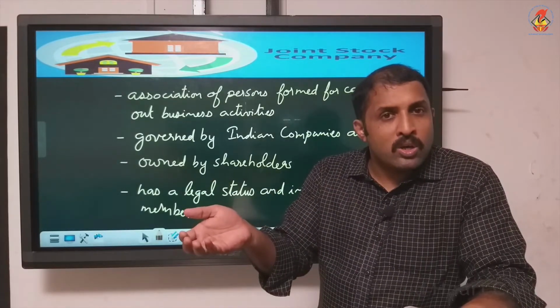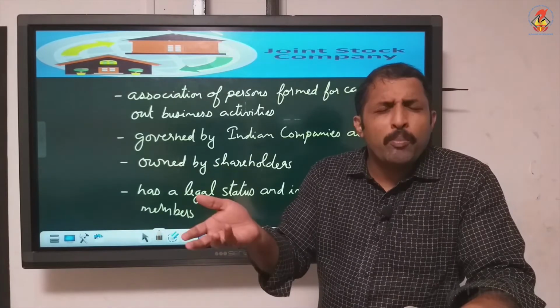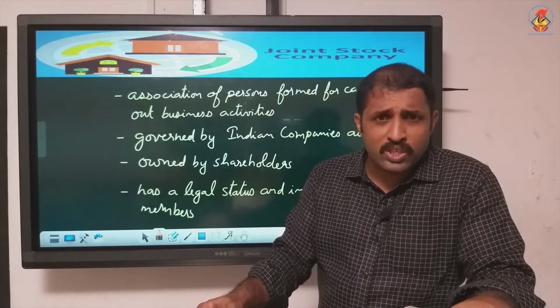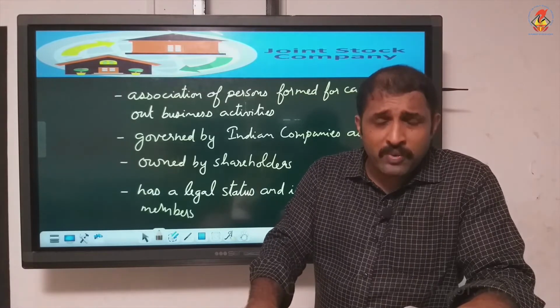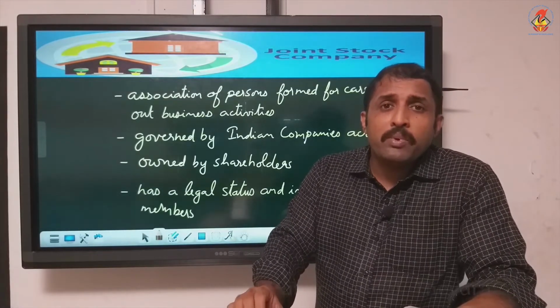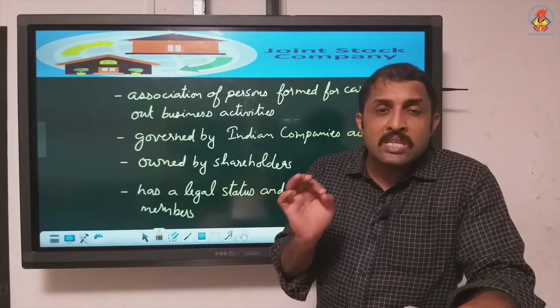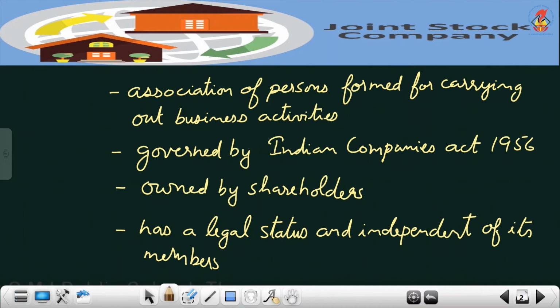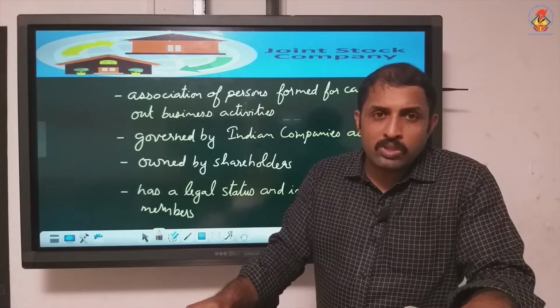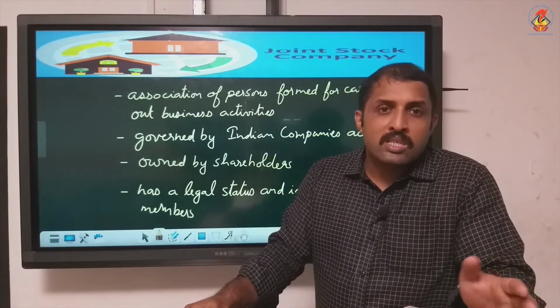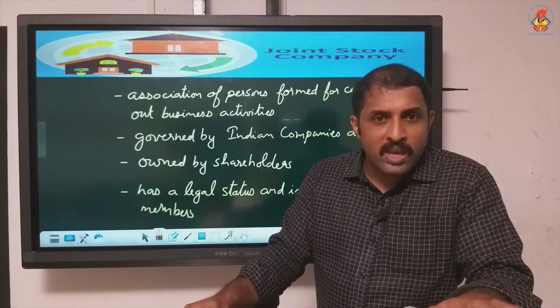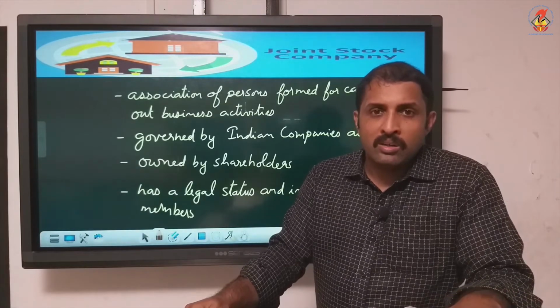Even in cooperative society we saw they purchase shares, but what differentiates joint stock company from cooperative society is that joint stock company is governed by provisions of the Indian Companies Act. Earlier it was the Companies Act of 1956, and recently it was amended in 2013. So we have to say it is governed by provisions of the Companies Act of 2013.